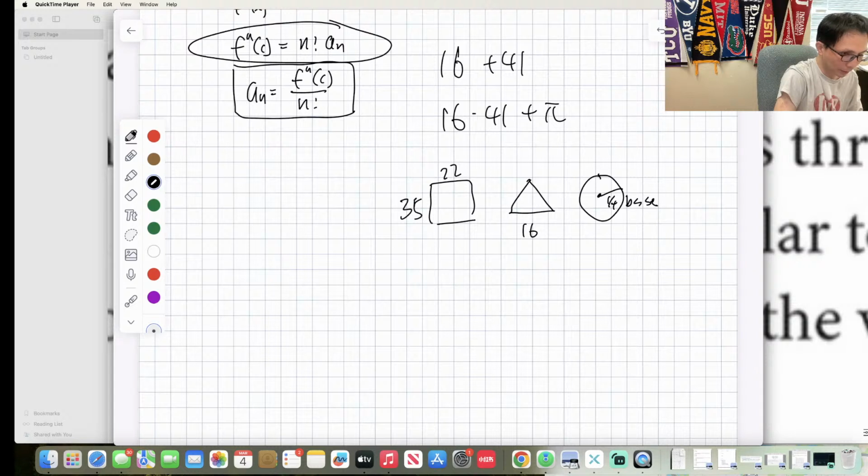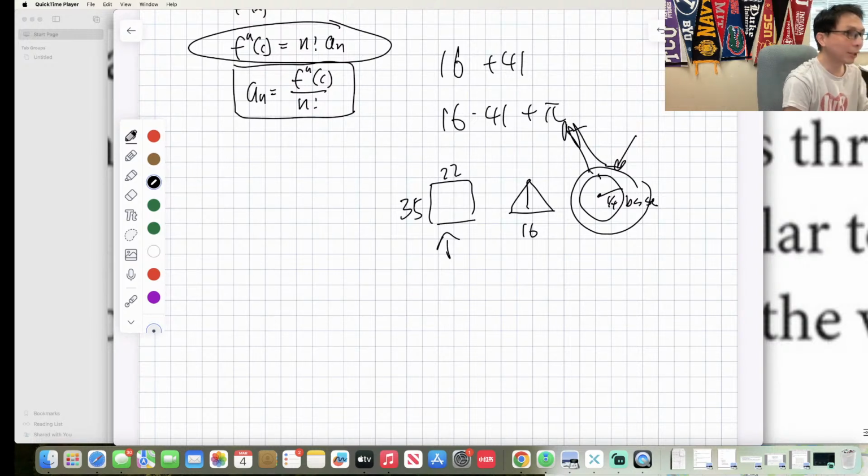The area of the whole thing is 16 times (41 plus 5), and now you're looking for the height of the triangle. Oh, okay. That's not too bad. You just have to figure out the rectangle, and if you subtract everything away, you should be able to figure it out. I don't know the actual number, but I think it's doable.